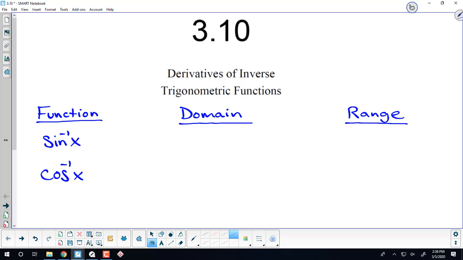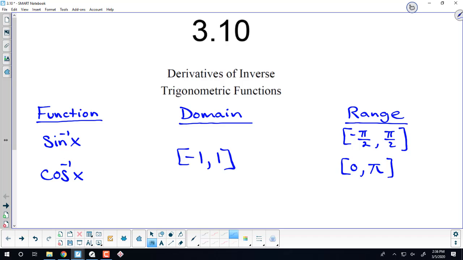The domain for both of those functions is -1 including to +1 including. So closed interval from -1 to 1. The range for inverse sine conventionally is from -π/2 to π/2. And for inverse cosine, the range is from 0 to π. Both of those closed intervals.